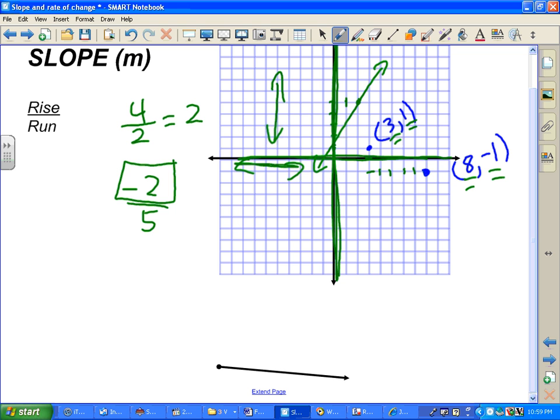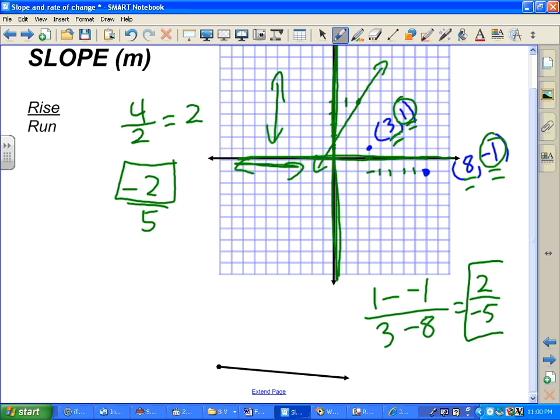Okay? So let's do this. We're going to subtract my y's. So 1 minus negative 1, and put that over subtracting my x's, 3 minus 8. And what do I get? I get positive 2 over negative 5. The question is, is that the same slope as that? Yes, it is, because let's say I start here.